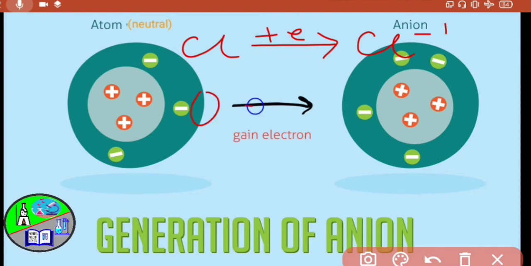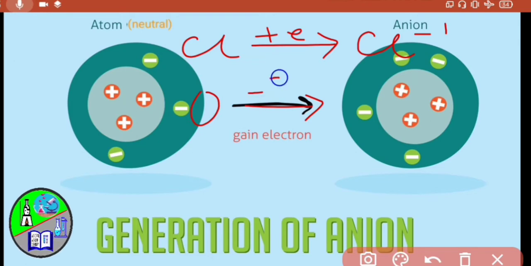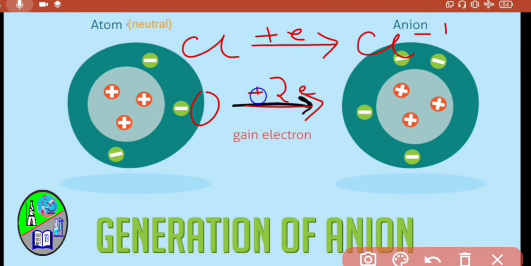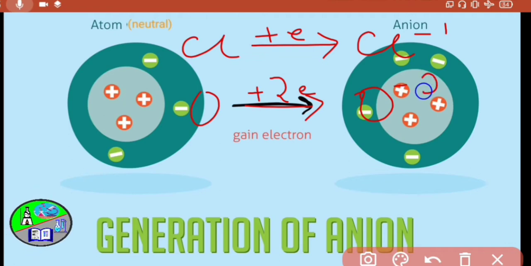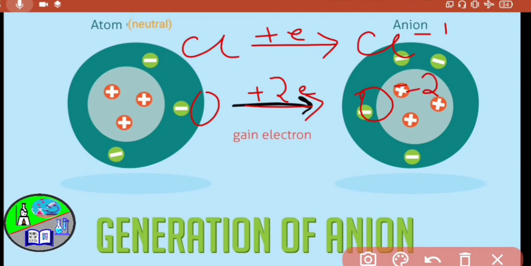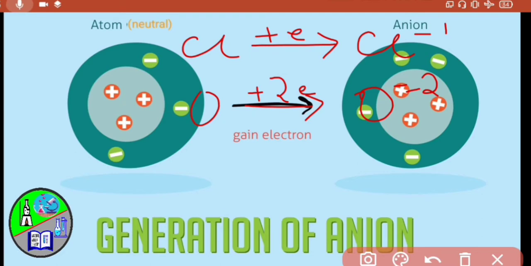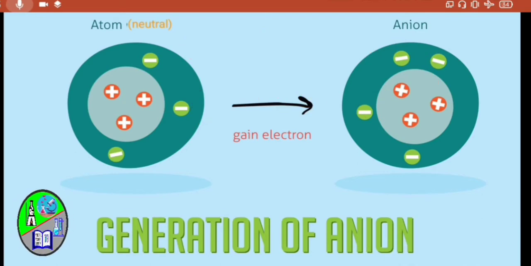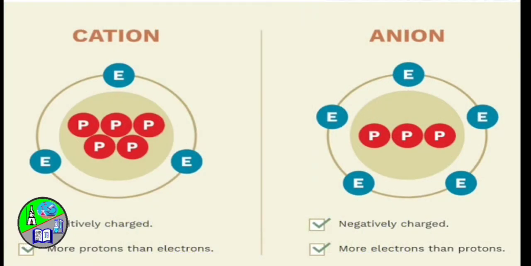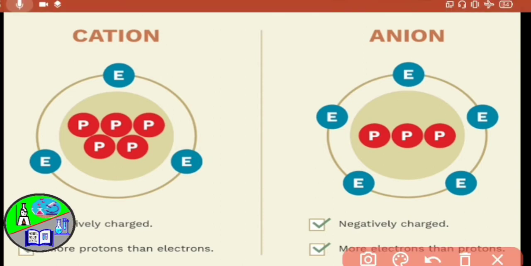Oxygen gains 2 electrons and becomes O minus 2. So, here is the difference between cations and anions.